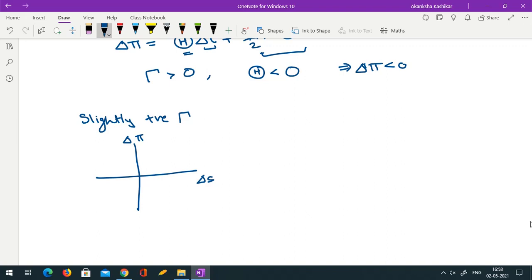So delta s and delta pi. You have something like this here. So the change in the portfolio worth is negative in the in between region, and then it goes on increasing on both the sides.